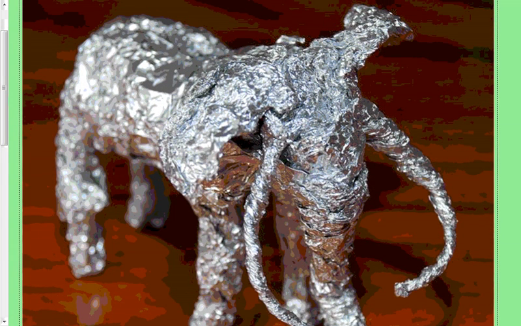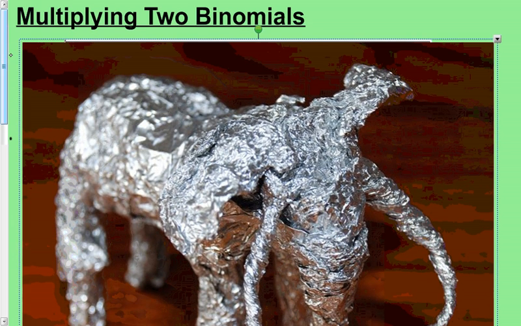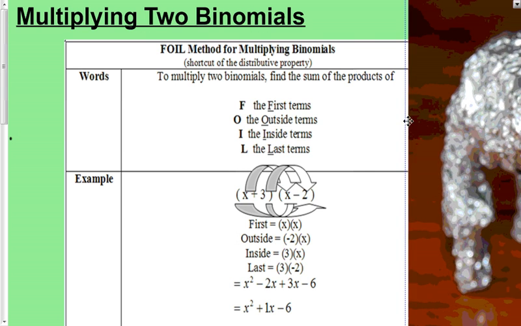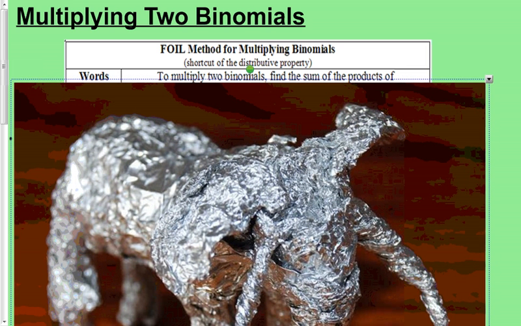That's what we're doing today for this part of the goal, the FOIL method. The FOIL method for multiplying binomials is the one method I really want you to know. There's a couple other methods that are similar, but FOIL should stick with you.